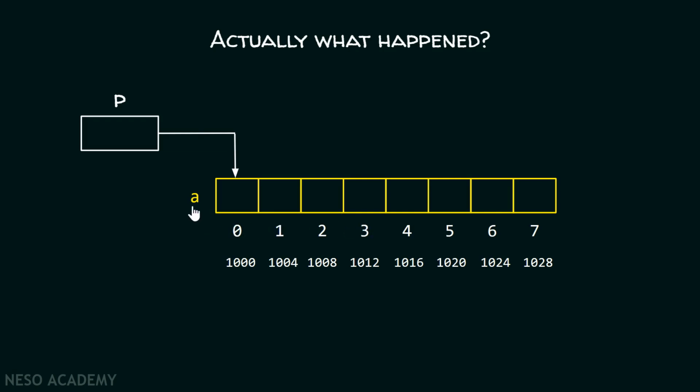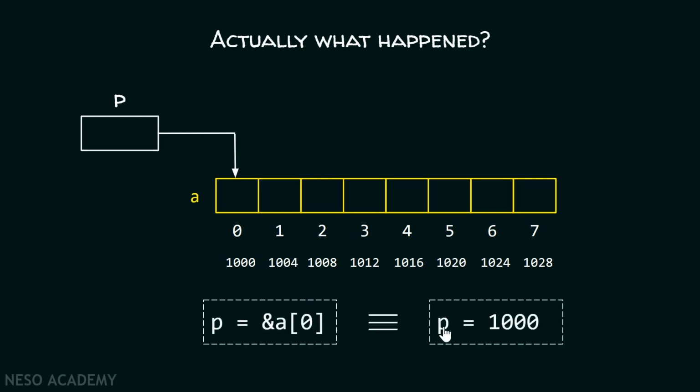If initially pointer P points to the first element of the array, it means that P will contain the base address of that memory location, that is 1000.